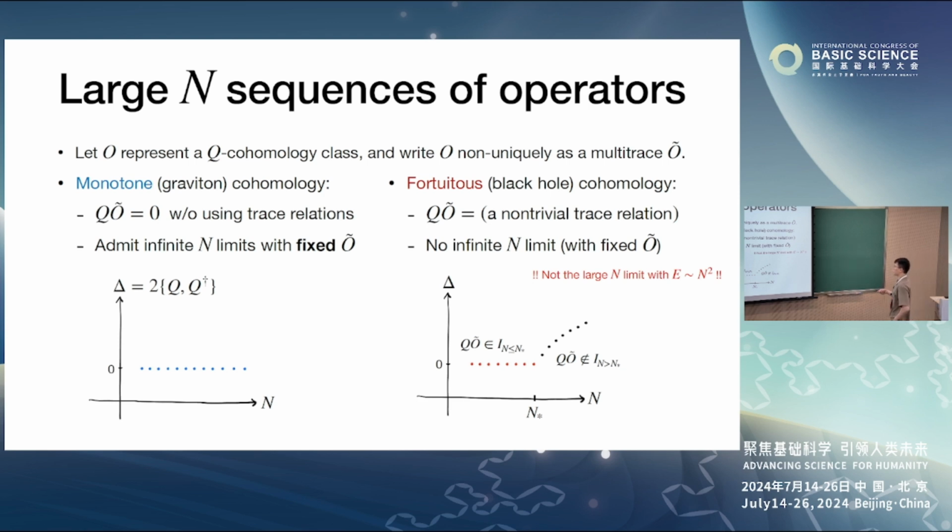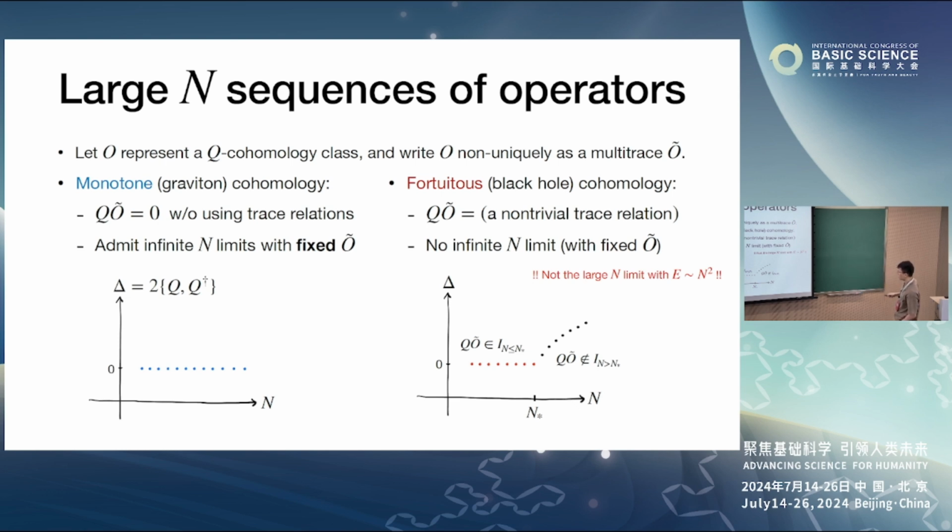And now let's turn to the fortuitous cohomology. So if O represents a fortuitous cohomology, that means Q acting on O tilde will actually give you a non-trivial trace relation. So that if we further impose the rank n trace relation, then I would have Q acting on O equals 0. So that means O would represent the cohomology. But from the property of trace relations, we also know that there are fewer and fewer trace relations if we consider higher and higher rank. So this particular trace relation may not be a trace relation if we increase the rank n.